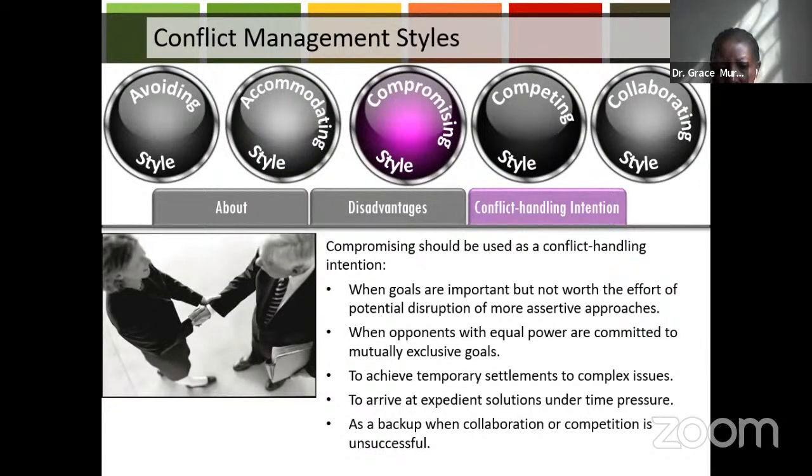So when you feel that the two parties in conflict have mutually exclusive goals, it's okay. I can allow you to get yours, and allow me to win, so that each one of us can achieve our own goals.